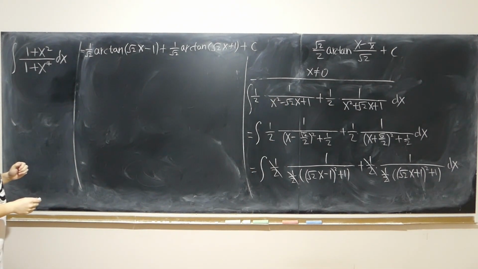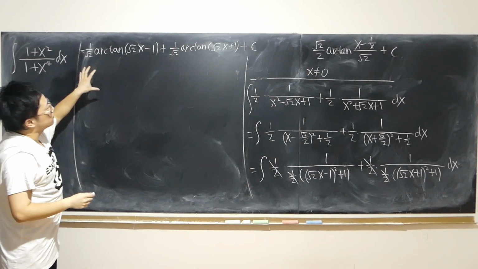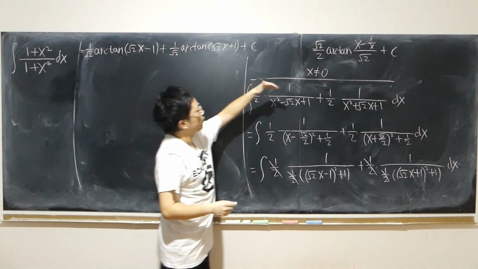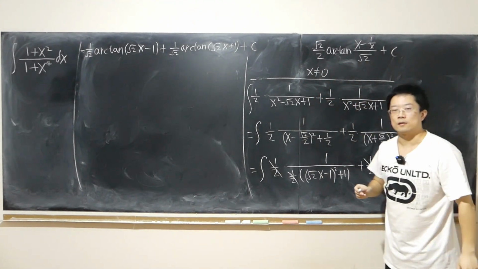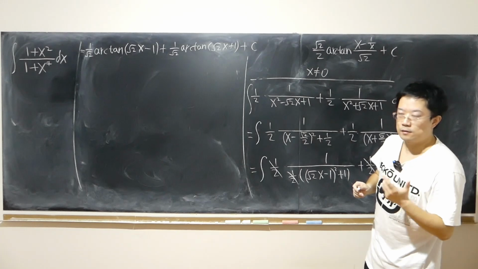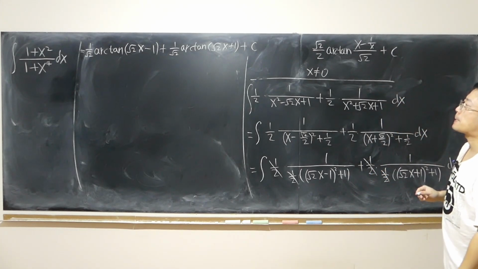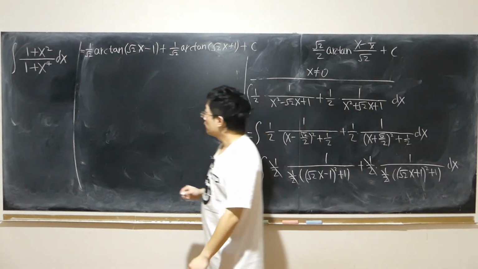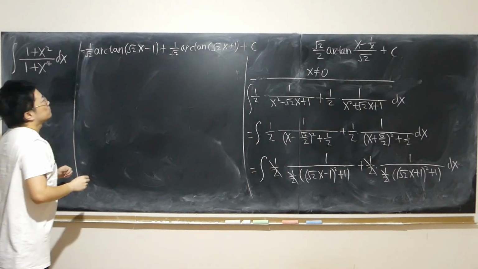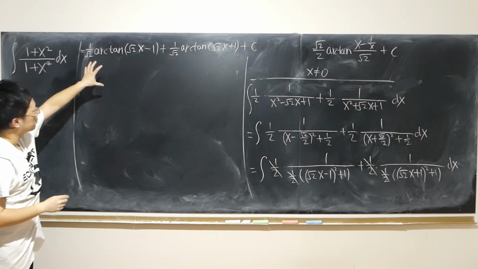But before I add c, I have a problem here. The question is: is this antiderivative the same as that one using the first method? Do they differ just by a constant? Looks like they're different functions. But let's perhaps simplify this one.